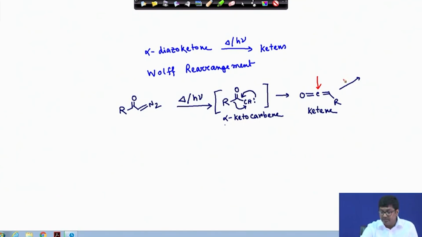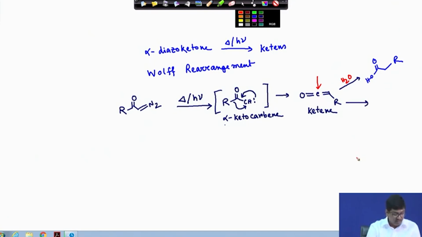For example, if you treat with water, the product will be the corresponding carboxylic acid, or if it reacts with alcohol, this will be the corresponding ester, where R prime is the alkyl group of the alcohol.